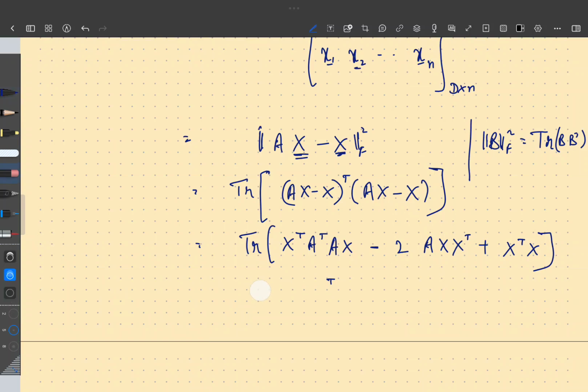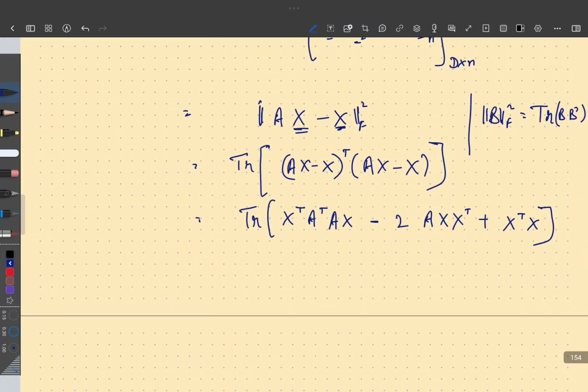If A is equal to U U transpose, then what is A transpose A equal to? It is U U transpose U U transpose. What can you say about U transpose U?